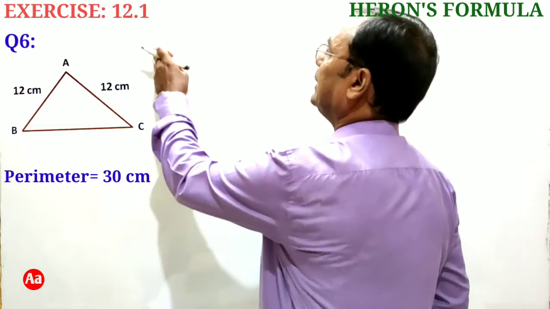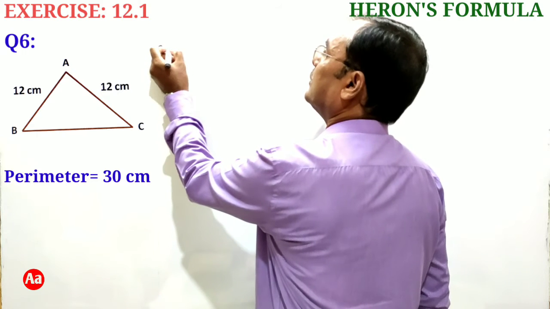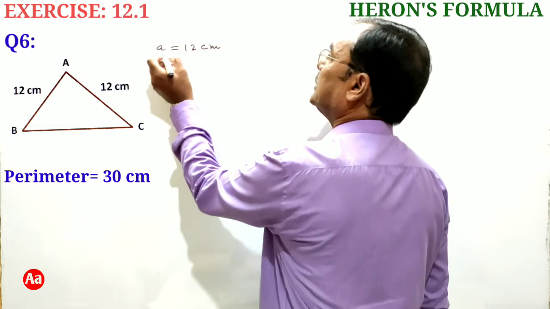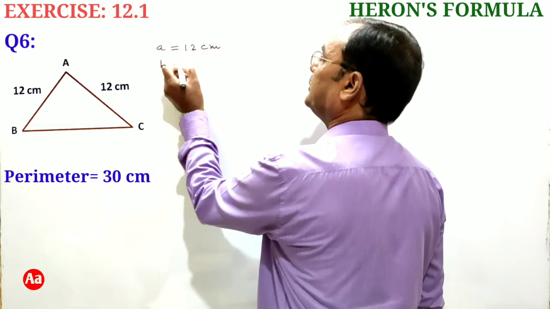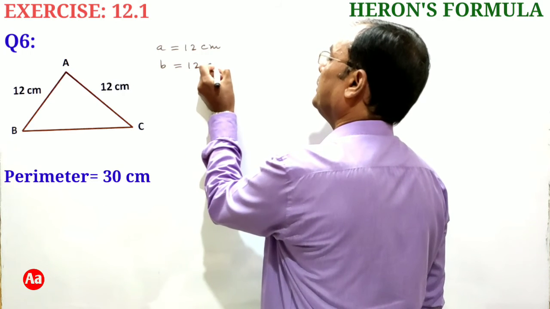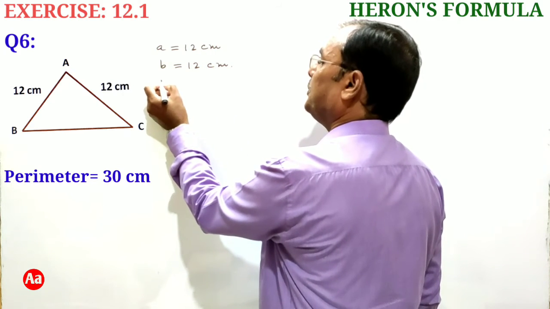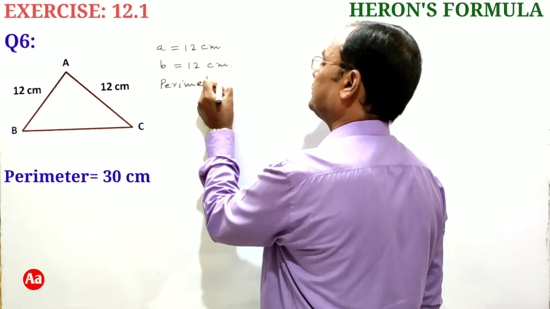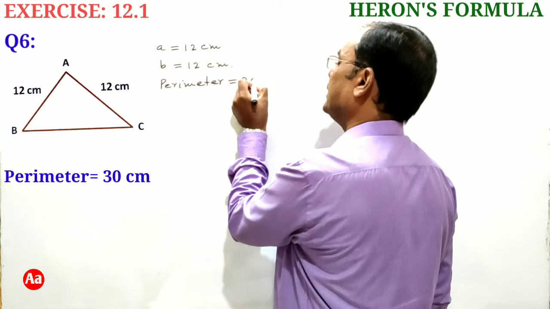So let A be equal to 12 centimeter and B second side of the isosceles triangle also 12 centimeter. Perimeter of isosceles triangle is given 30 centimeter.